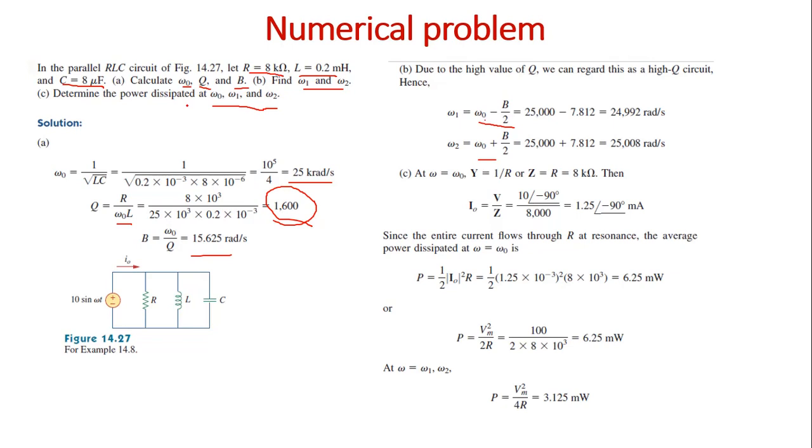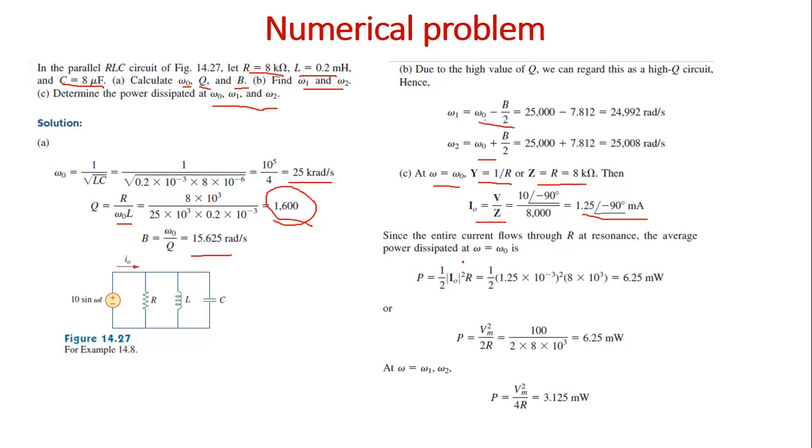Next is what you have to calculate, power dissipated at omega naught, omega 1 and omega 2. So at omega equal to omega naught, Y will be equal to 1 by R, or Z will be equal to R, which is equal to 8 kilo ohm. So I naught will be equal to V by Z. So this is the value of current. So this current flows through the resistor.